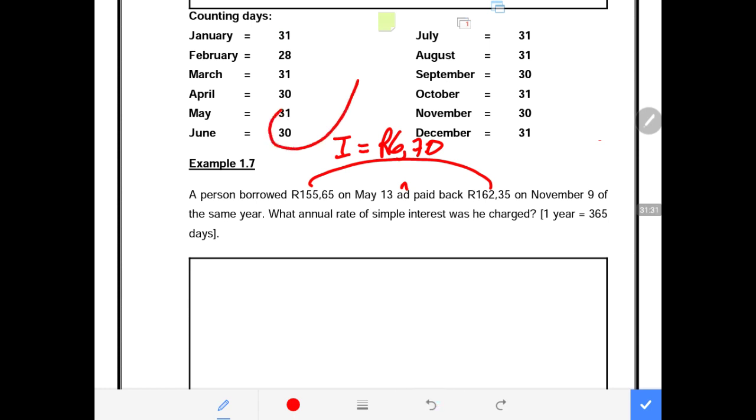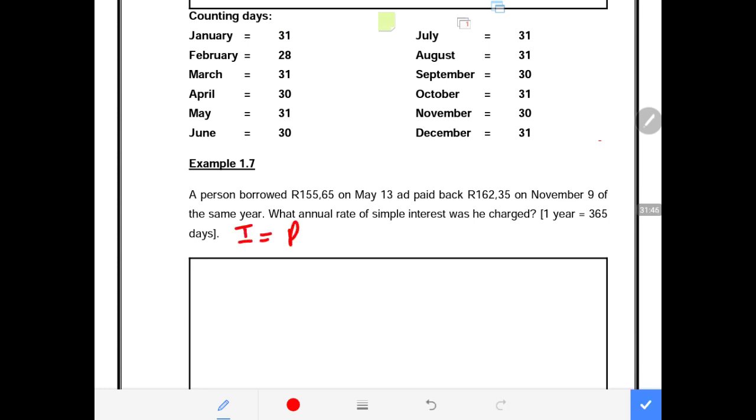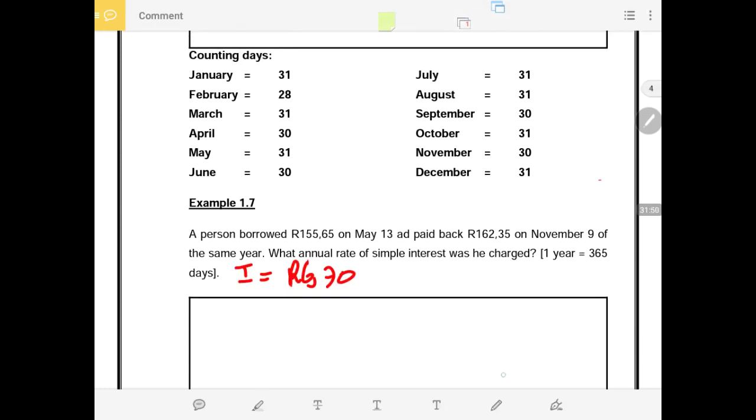From May up until this 9th of November, we need to calculate the number of days, knowing that the interest that he was charged over the period, which is our I, is equal to 6 rand 70 cents.